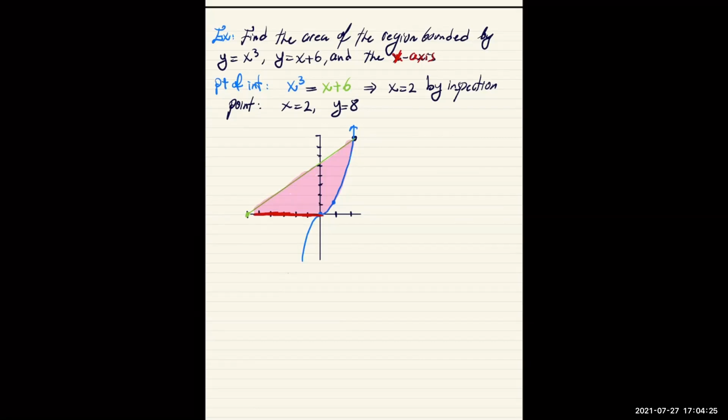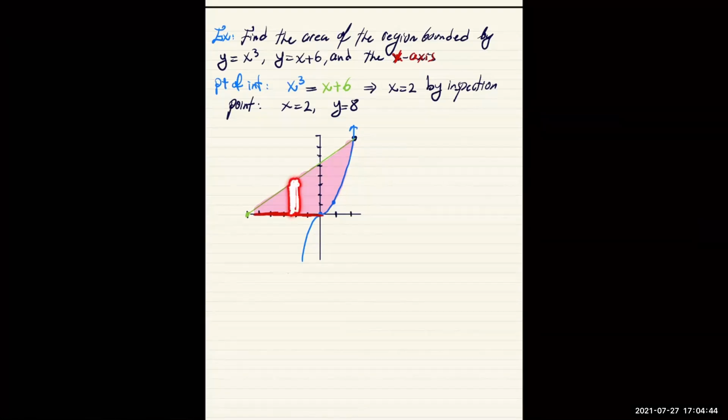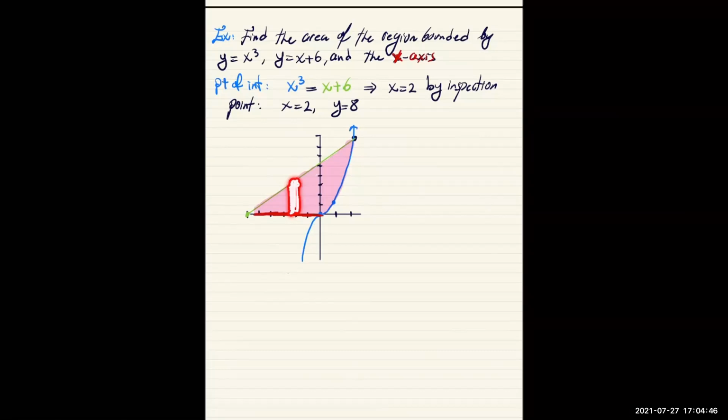Okay, let's say I take my rectangles vertically. If I do that, the question is, do I get consistency? And the answer is no, because if I draw a rectangle right there, the top is the green graph, bottom is the red graph.